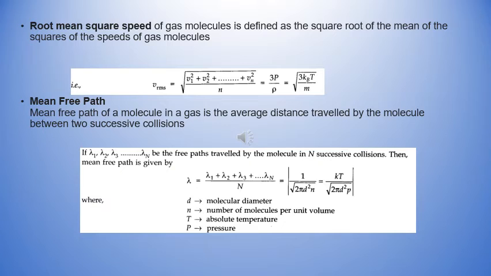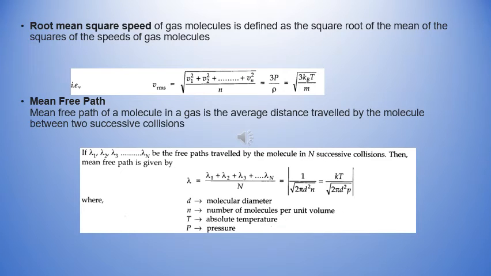It is denoted as VRMS and it is equal to the square root of V1 square plus V2 square plus V3 square plus so on up to Vn square divided by n, where V1, V2, V3 and so on up to Vn are the speeds of the n molecules of the gas.